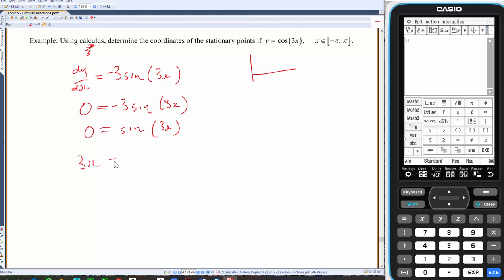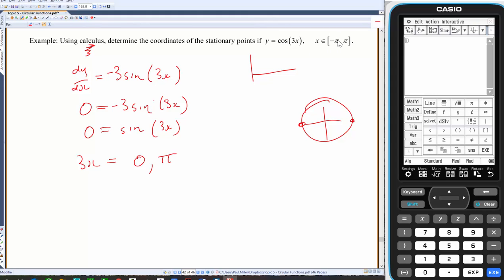So 3x, so when is sine equal to 0? That is going to be here and here, at pi on 2 and 3 pi on 2. Okay, what have I just done? No way. I'm thinking of cosine there. Sine is zero at 0 and pi.